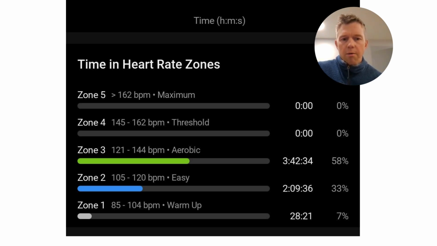And so the reason I was able to be 3 hours and 42 minutes here in zone 3 is because I wasn't actually in zone 3. My heart rate was doing heart rate drift, or aerobic decoupling is another term for it. As I said, I'm going to do a whole video on this, but I don't want to keep you guys hanging, so I'll give you a little bit of info now.